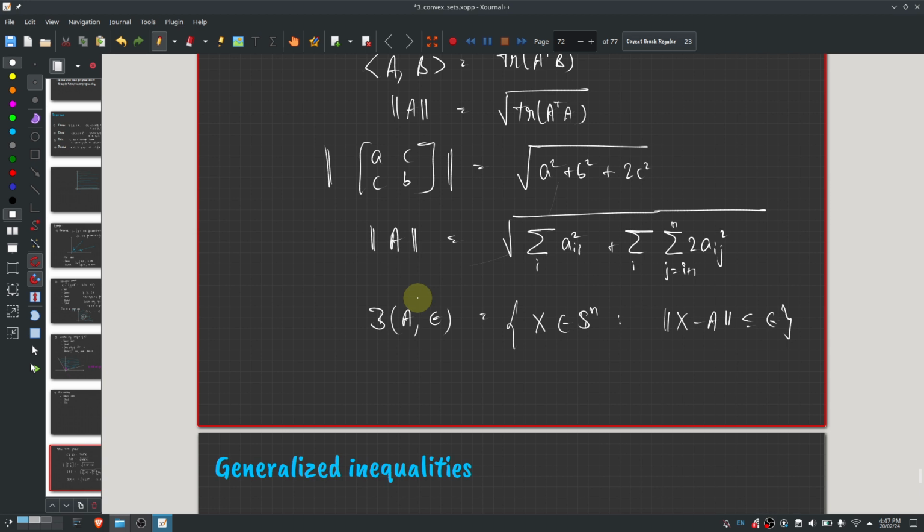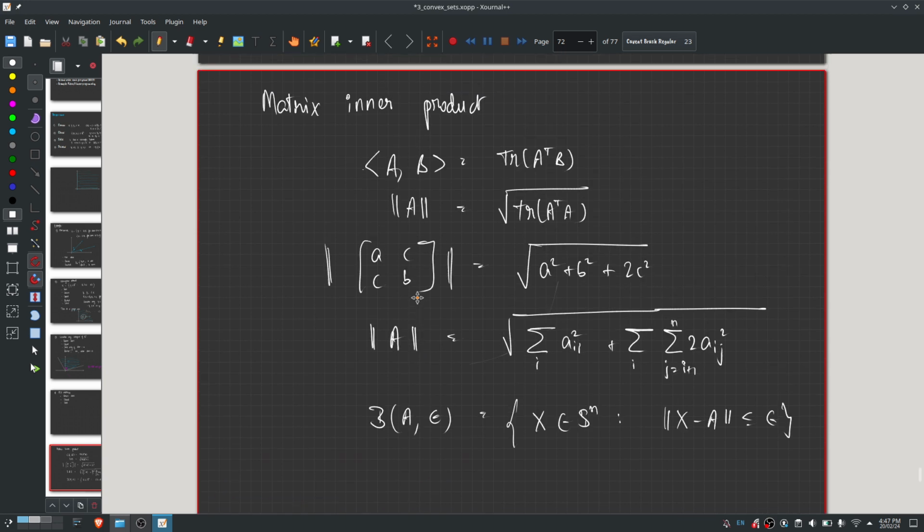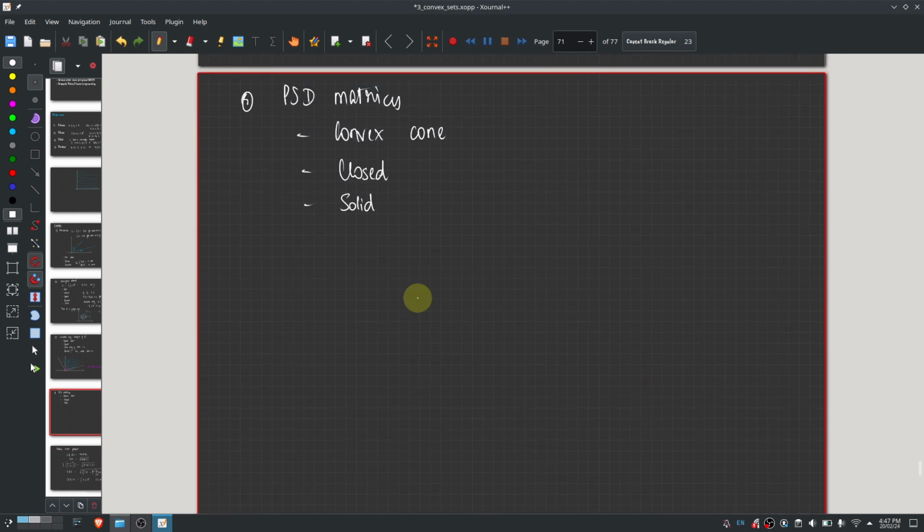All right. So now going back to the set of all positive semi-definite matrices, we want to find out whether this is a solid cone or not. So in order to prove whether this is solid or not, what would we have to show?